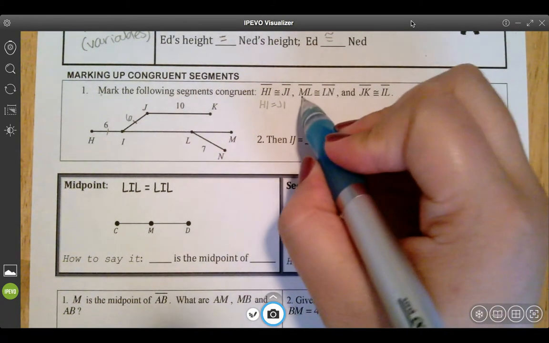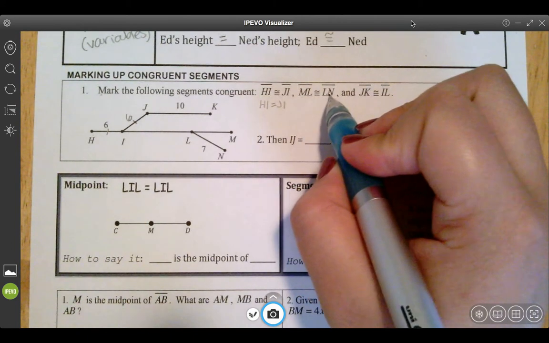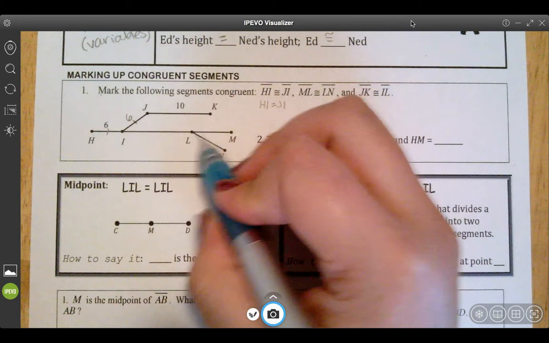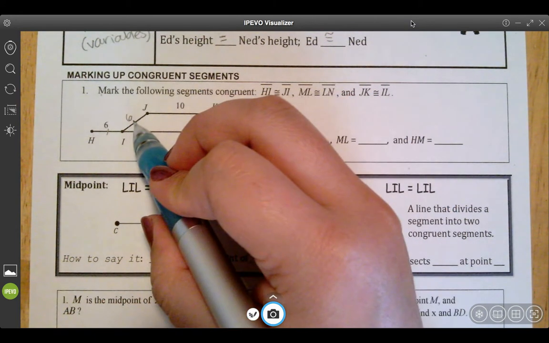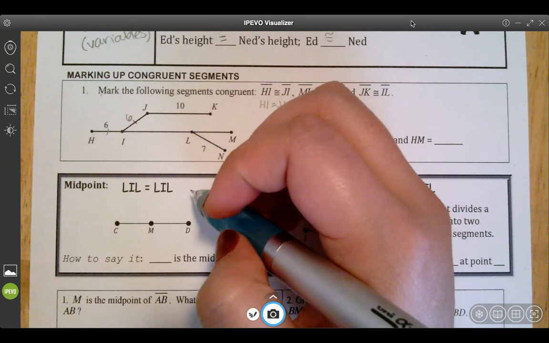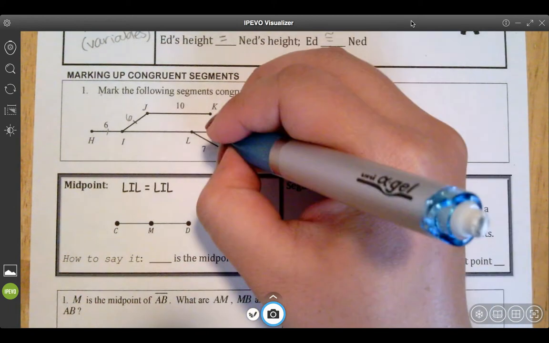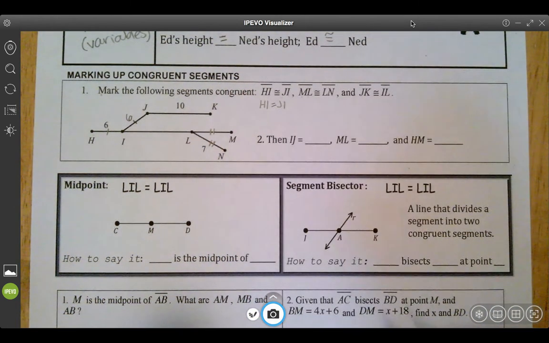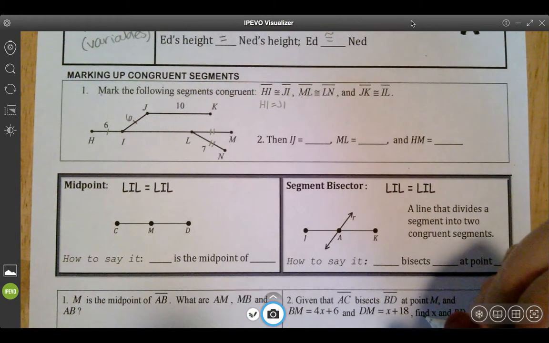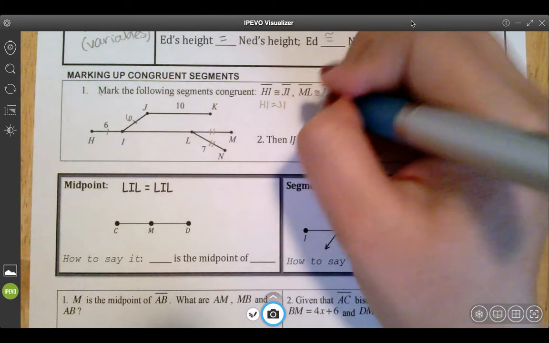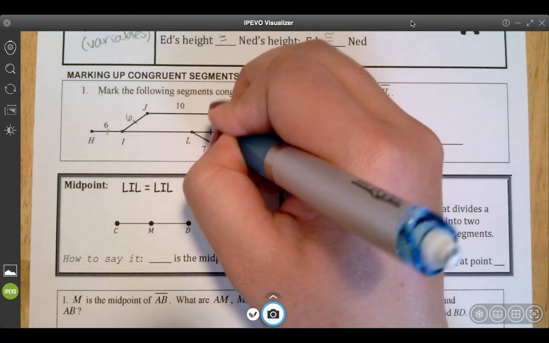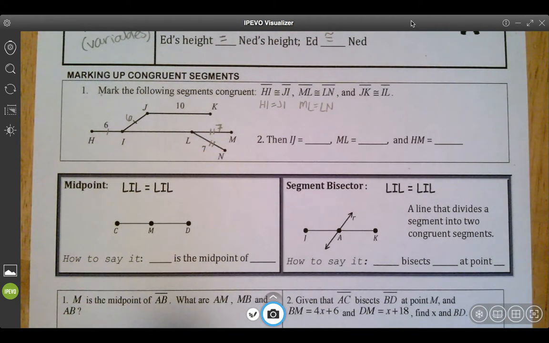And then we have ML is congruent to LN. Now, this line segment isn't congruent to JI, so I can't mark it with one little tick mark, but I can mark them with two to say that those two are congruent, but they're not congruent to my other ones. And so we can say that ML equals LN, and so that has a measurement of 7.